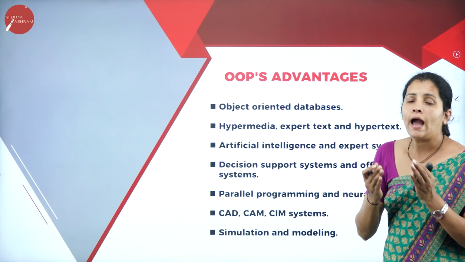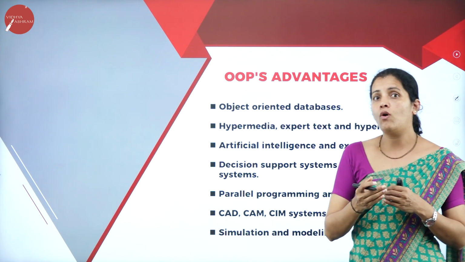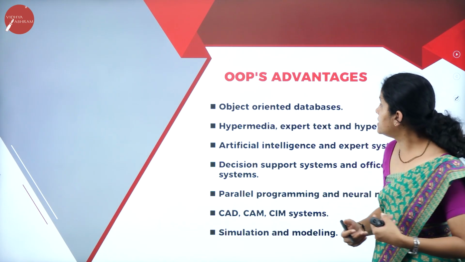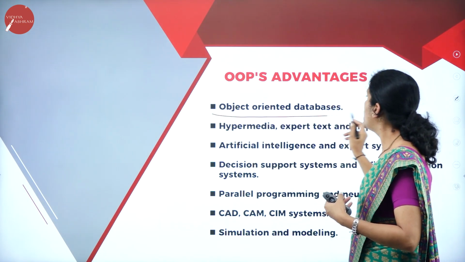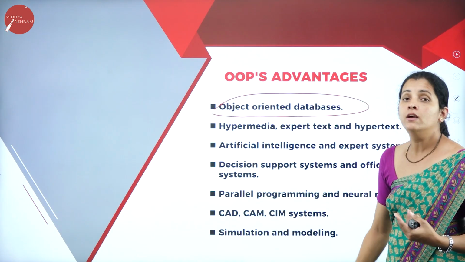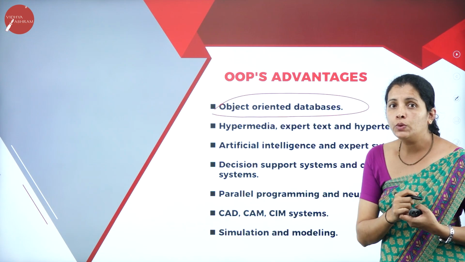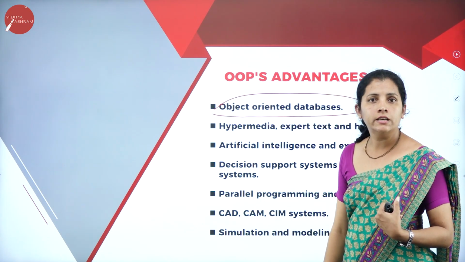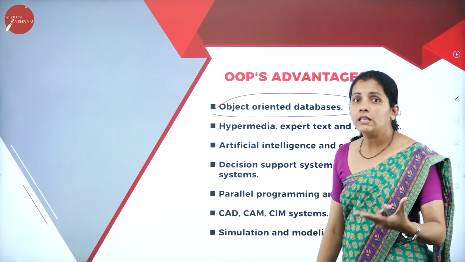Then I'm going to cover the advantages of object oriented programming. So what is the first advantage? I'm going to have the object oriented database. Before that, let me explain what is data and what is database. What is data?